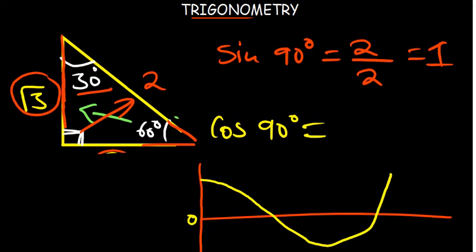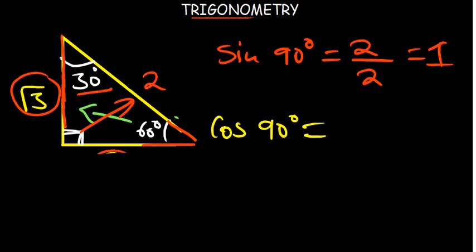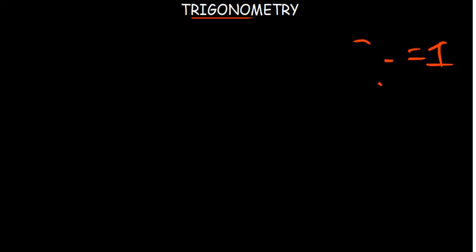If you're starting from 0 there, cosine 0 is equal to 1, cosine 90 is equal to 0, and then cosine 180 is equal to negative 1, and cosine 270 is 0, and then cosine 360 of course is also going to be equal to 1. That will make more sense as we talk about the basic functions. But for now, we are done with this special triangle with special angles.